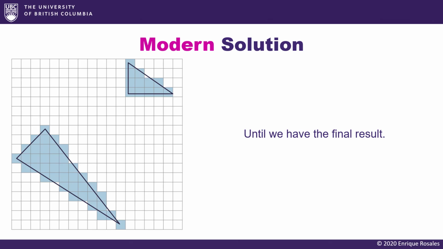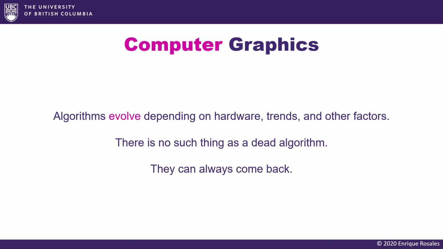However, I want to tell you something that I think is valid for computer science in general, but in particular in computer graphics. Algorithms just evolve, and this depends on hardware or trends or other factors. This is probably only my opinion, but I think there is no such thing as a dead algorithm.